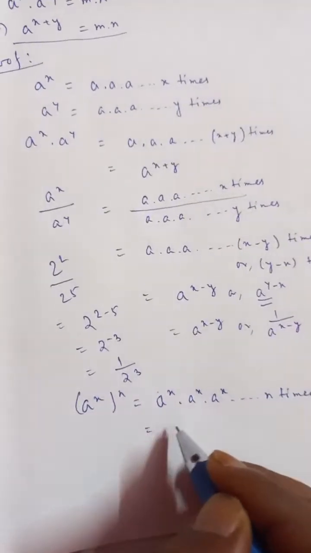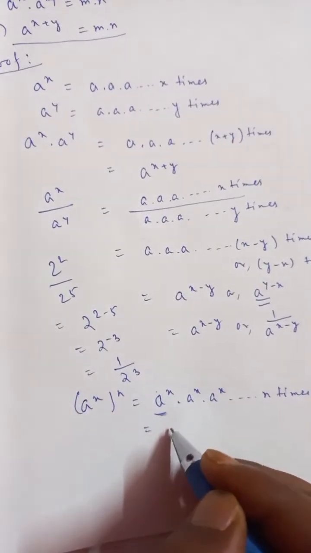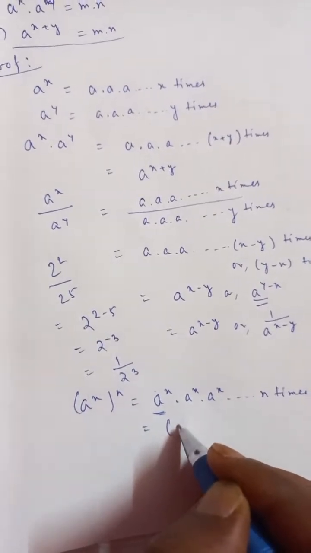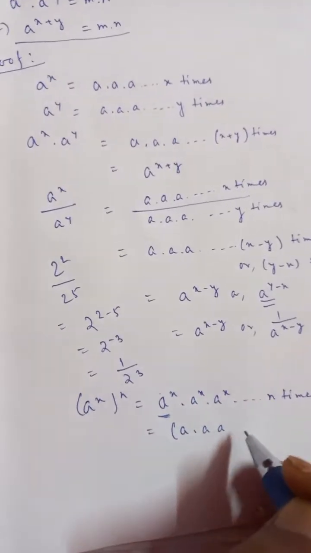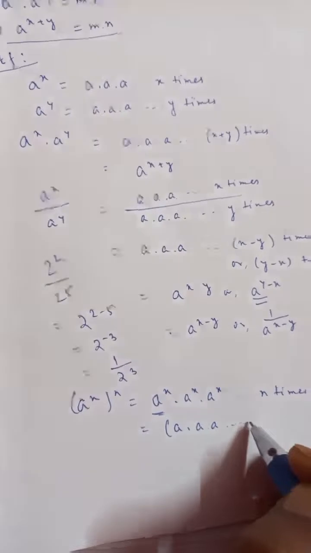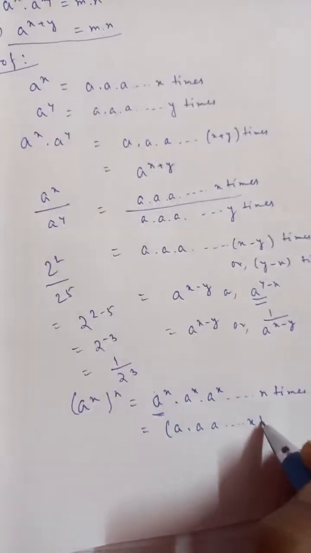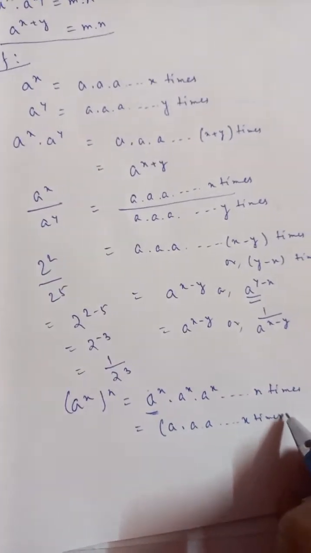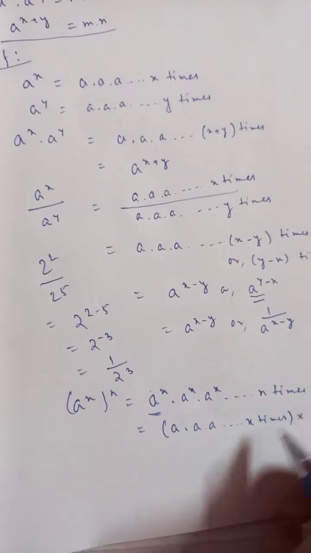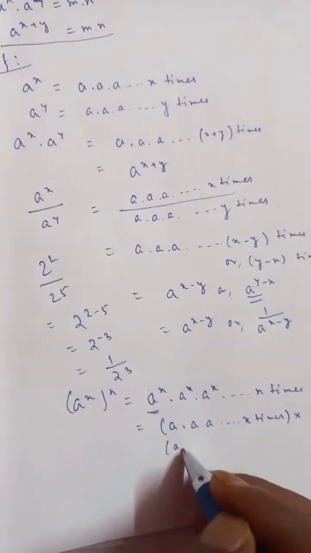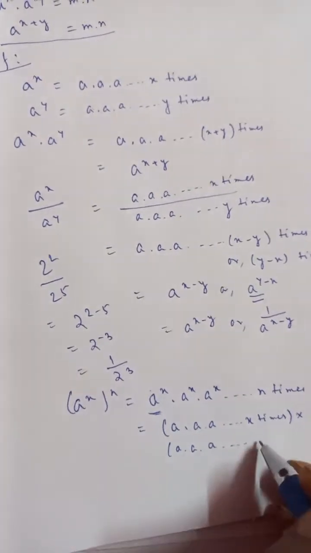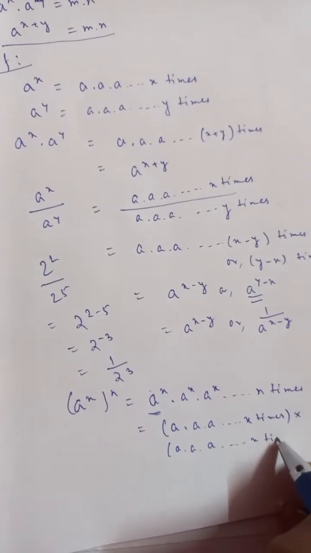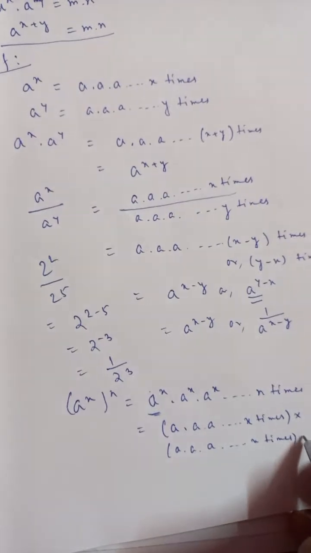So here each a to the power x can be written as a multiplied a up to x times, multiplied again a multiplied a up to x times, multiplied.